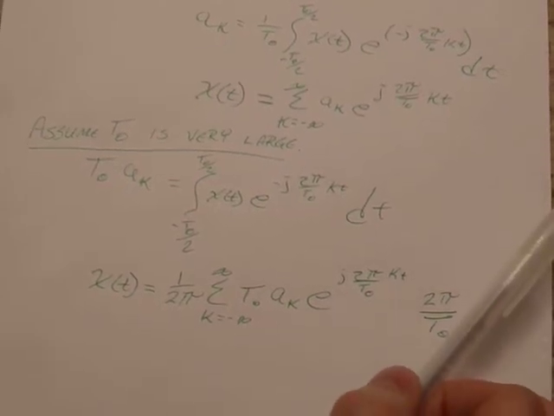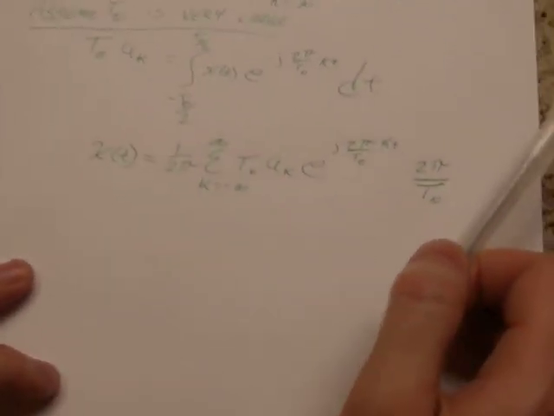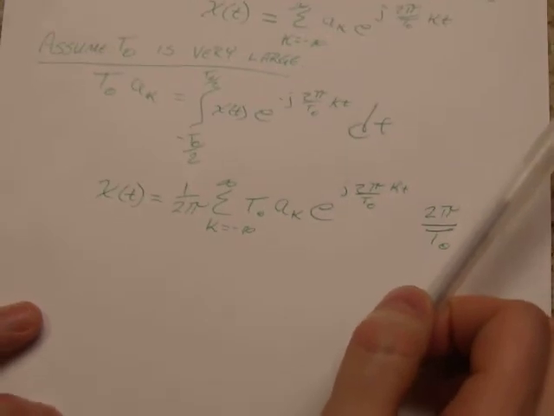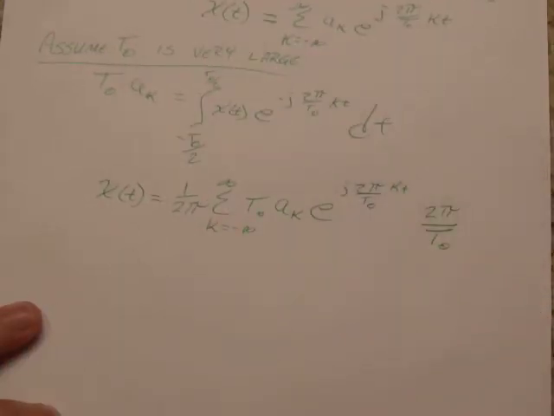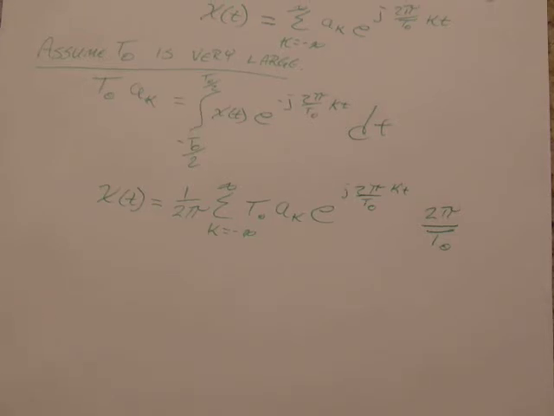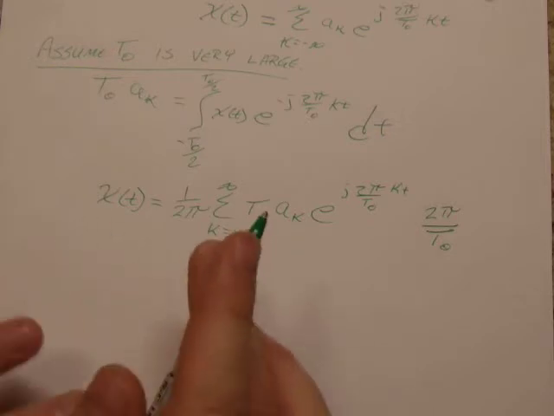I'm not going to go through a rigorous mathematical derivation. What the textbook actually says is, now wave your hands vigorously while letting omega turn into the limit as t naught approaches infinity.